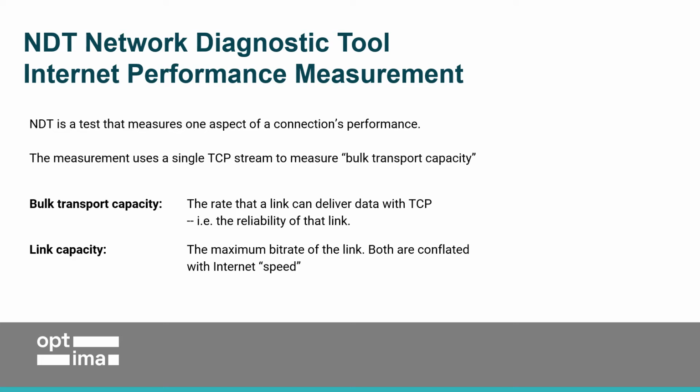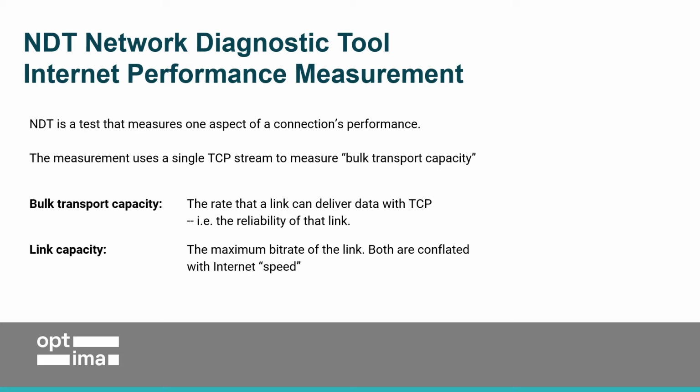The answer is probably because they're measuring different things. So when you're using MLab data, and more specifically NDT data, it's important to keep in mind this definition of what NDT measures, which is the bulk transport capacity, as opposed to the link capacity, which other tests may be measuring.